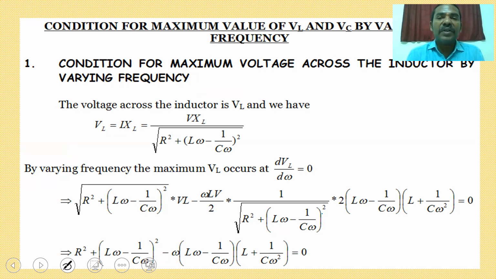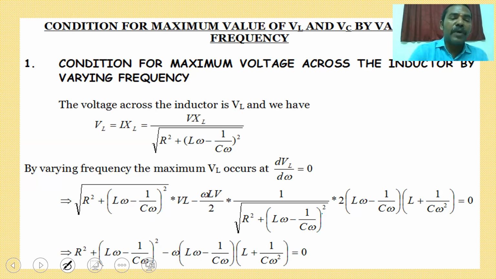So that is equal to V into XL divided by root R square plus (XL minus XC) whole square. So V into XL value L omega divided by root of R square plus (L omega minus 1 by C omega) whole square. So now we are going for the condition for maximum value of voltage when the variation of frequency is there. So dou VL divided by dou omega is equal to 0.